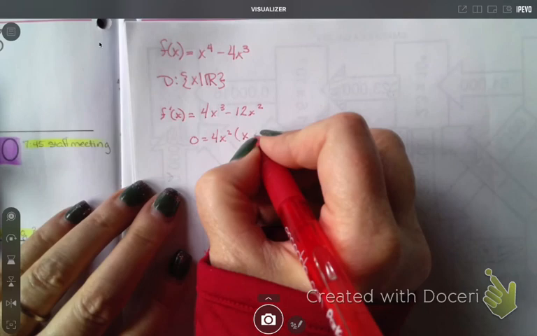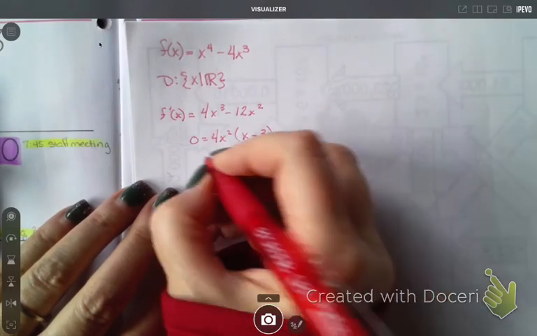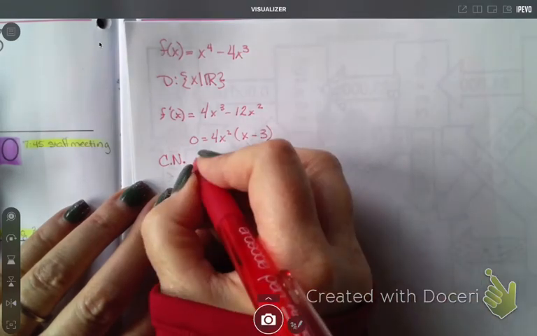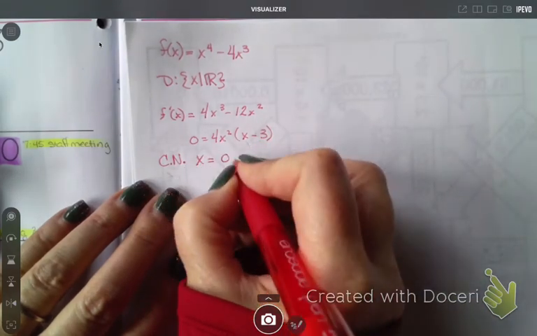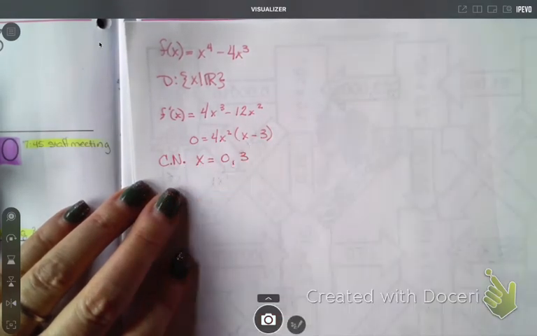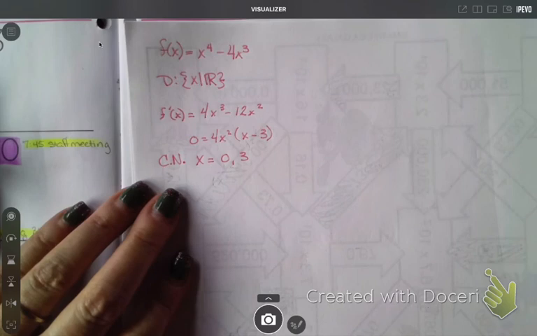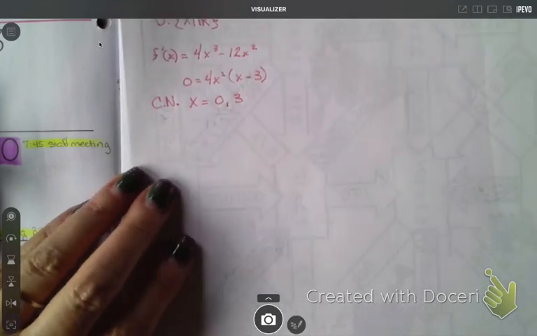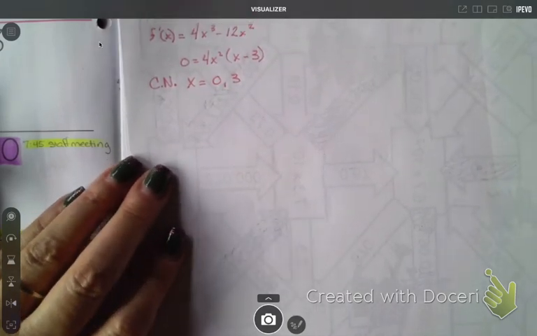And x minus 3. So my critical numbers are x equals 0 and 3. So what do I do next?